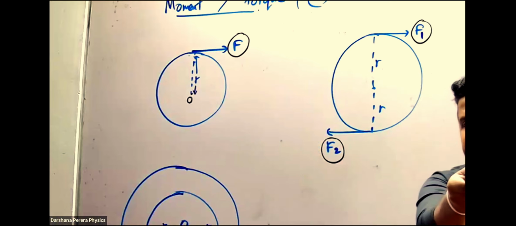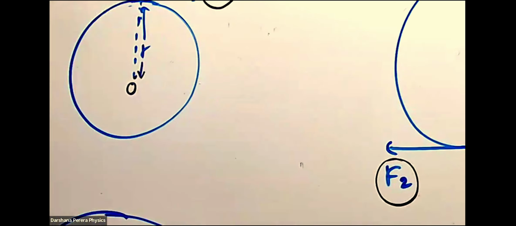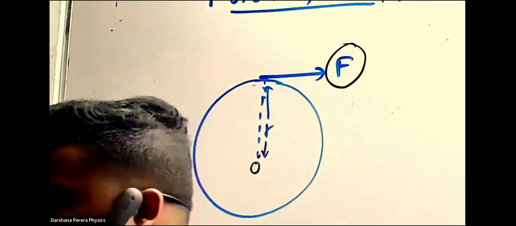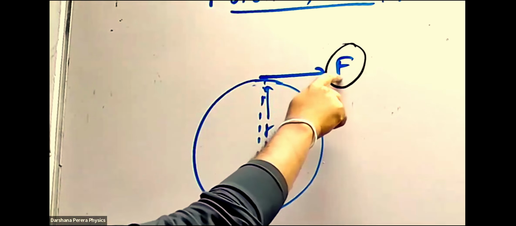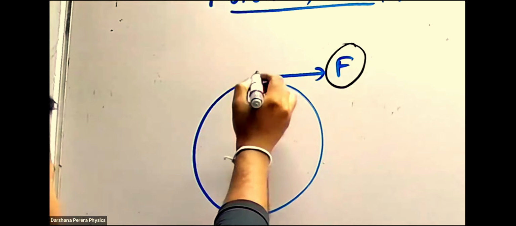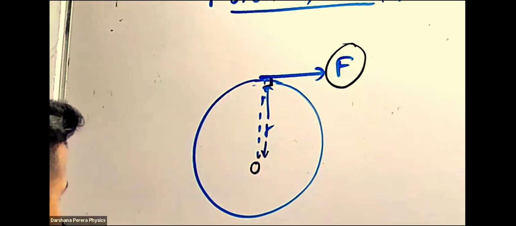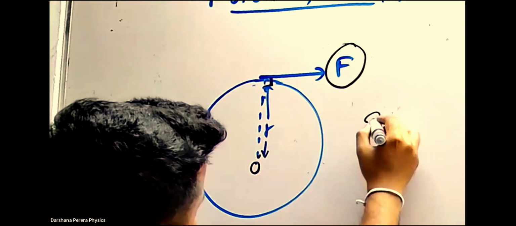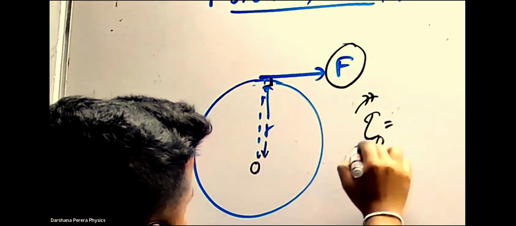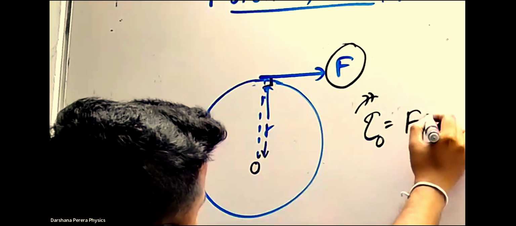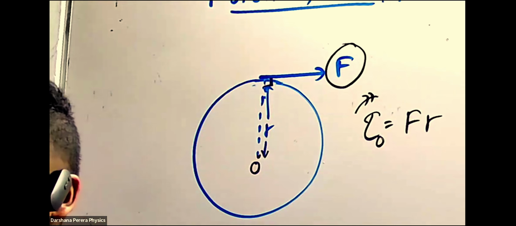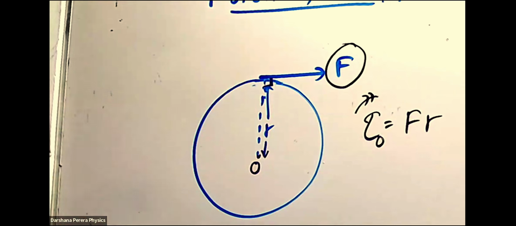Let's take the first example. Give me the torque value. We know the force F acts at distance R, and the line of action of the force is perpendicular to R. Therefore, torque equals F into R, the force times the distance from the line of action of the force.